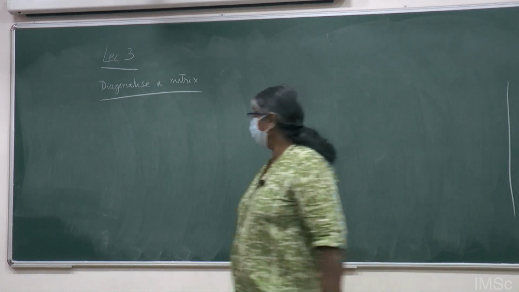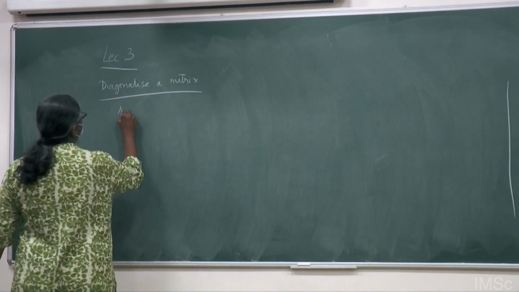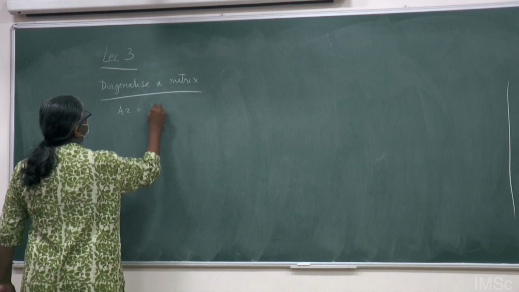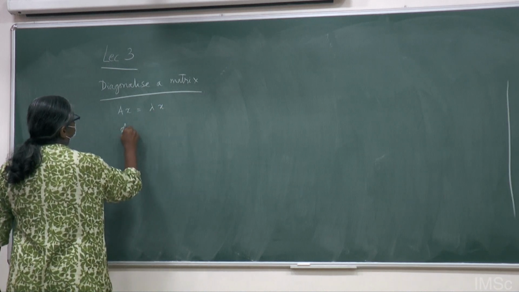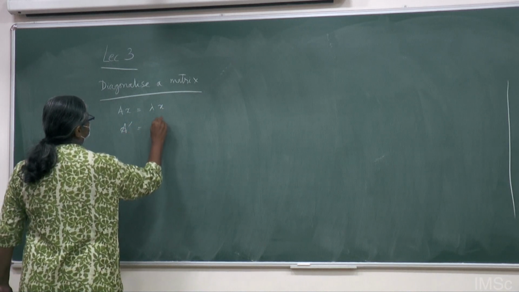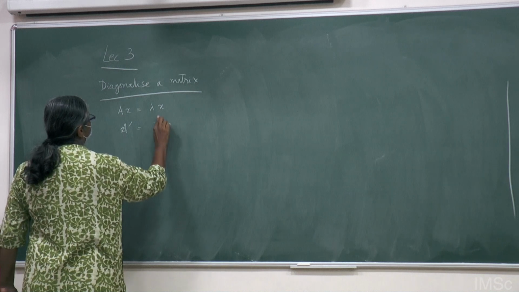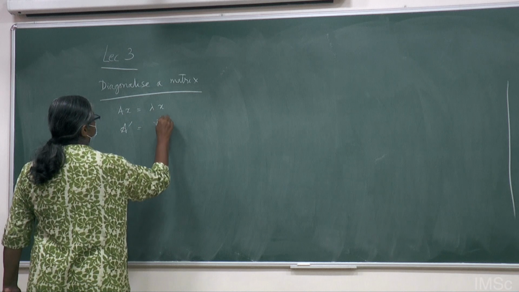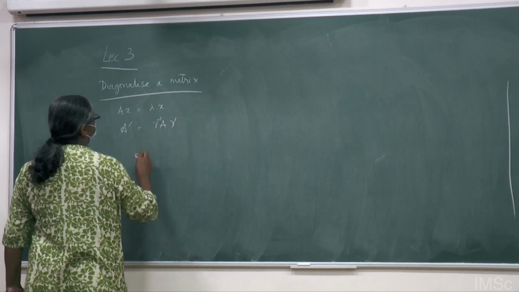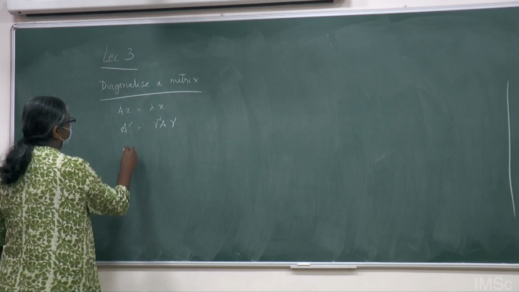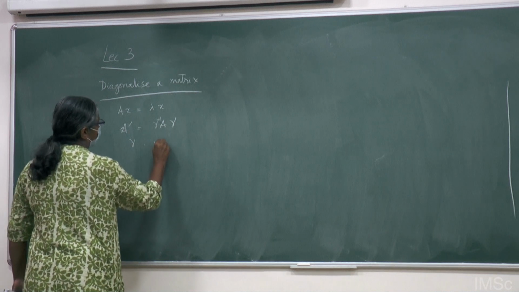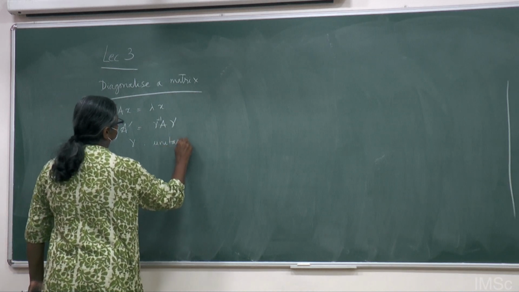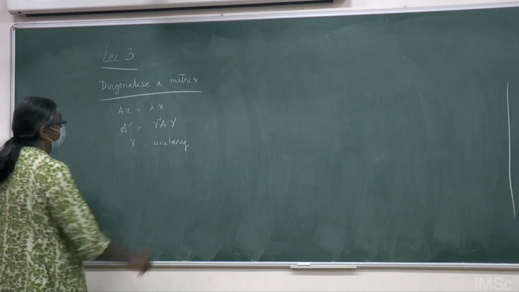So we just saw that if Ax is equal to lambda x, then A prime, which is gamma inverse A gamma, where gamma is unitary, is diagonal.